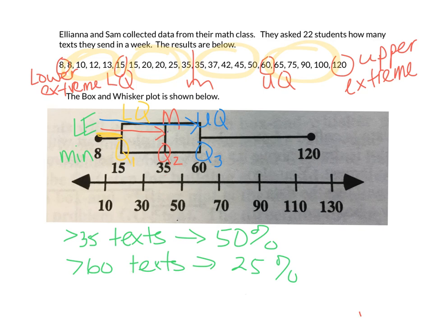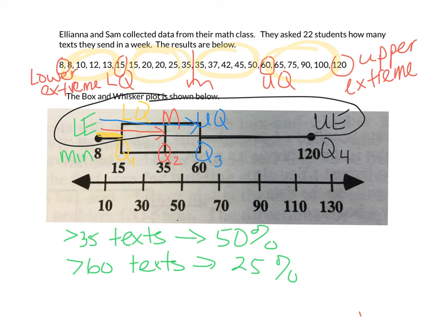And then our upper extreme may be called Q4. I actually don't like these Q numbers. I prefer the names, but I just wanted to let you know that sometimes you will see these, so don't be alarmed when you do. Oh, one more thing. That upper extreme is sometimes called the max.